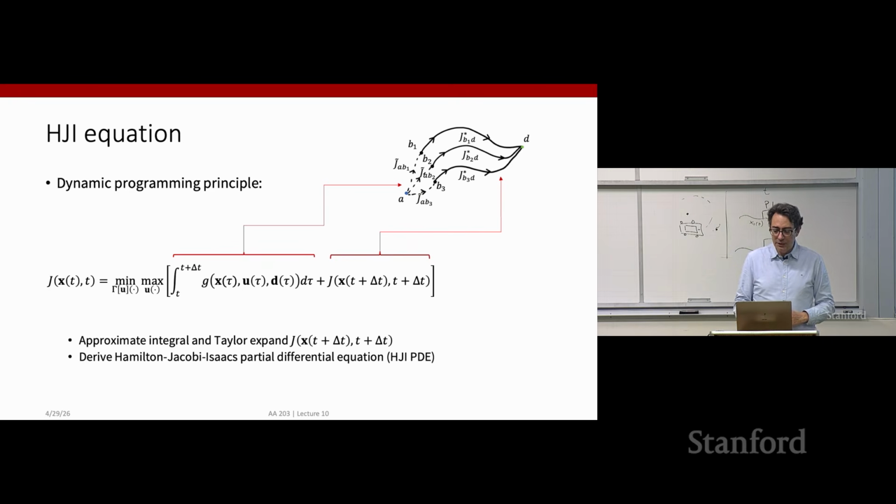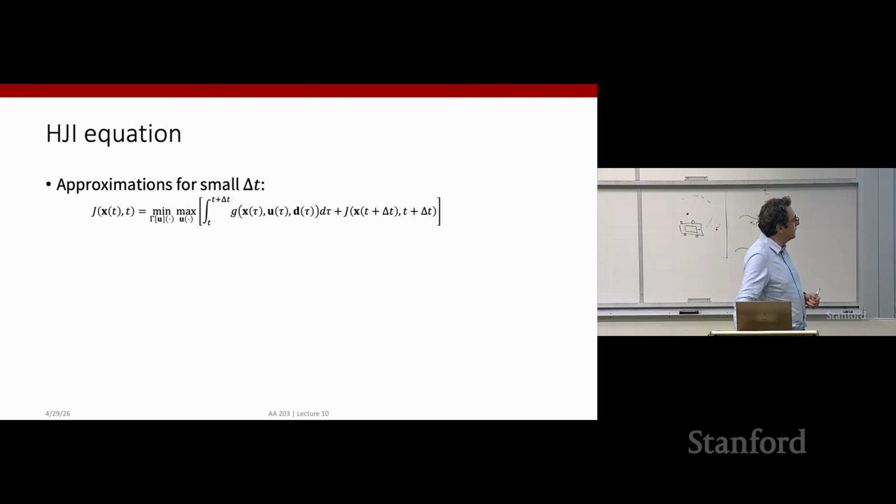Anyway, assuming that we buy this step where we enforce the principle of optimality, so we look at control and disturbance sequences that are the result of the concatenation of optimal tails and a first bit of control between time t and t plus delta t, how can we massage this expression into something that is computable?